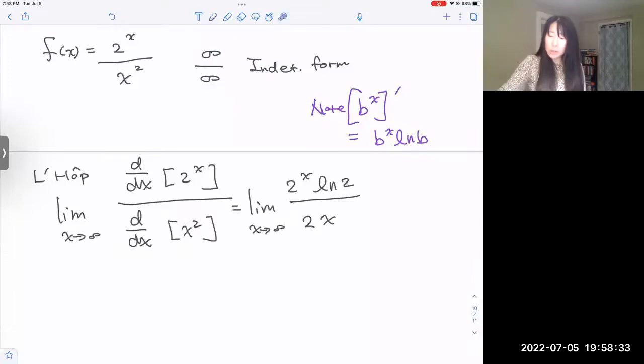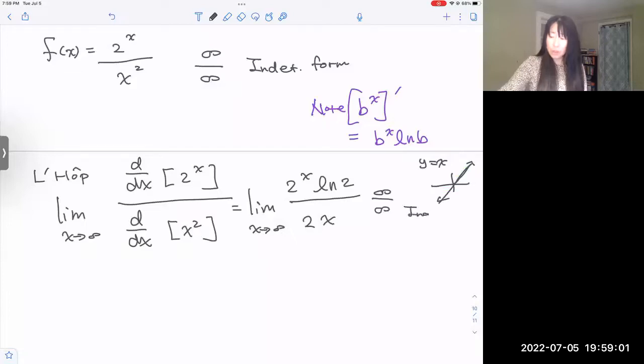Okay, so this is the number, look, this is 2 to the x power, which is infinity over x, like this, a straight line. So a straight line, like that, right? So when x approaches positive infinity, it also goes to positive infinity, right? So this is also infinity over infinity.